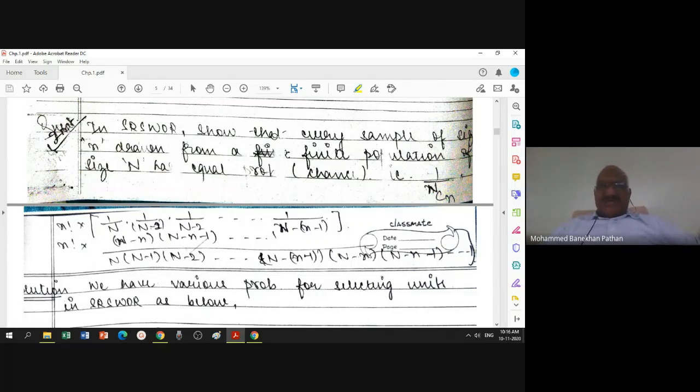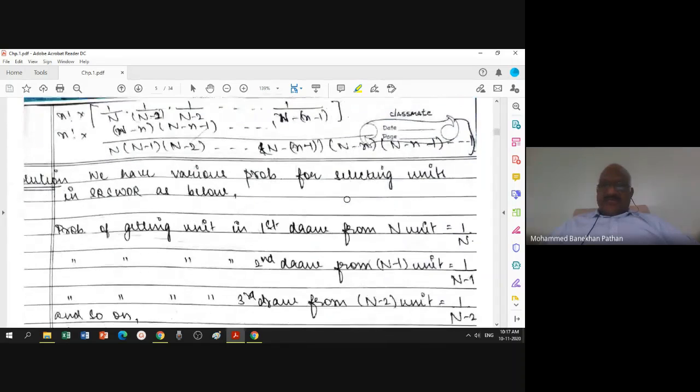What this statement says is that if you decide to study a population with sample size small n, then there are many possibilities to select small n items from the population of capital N items. So there are many possible samples, and every sample has an equal chance of being selected, and that chance is 1 upon NCn.